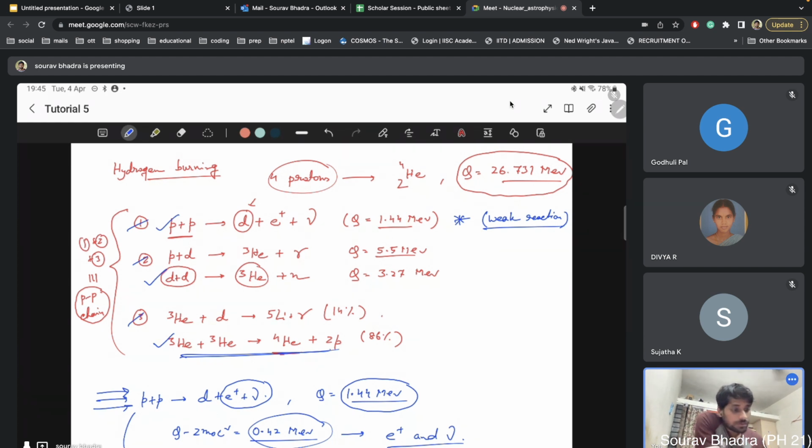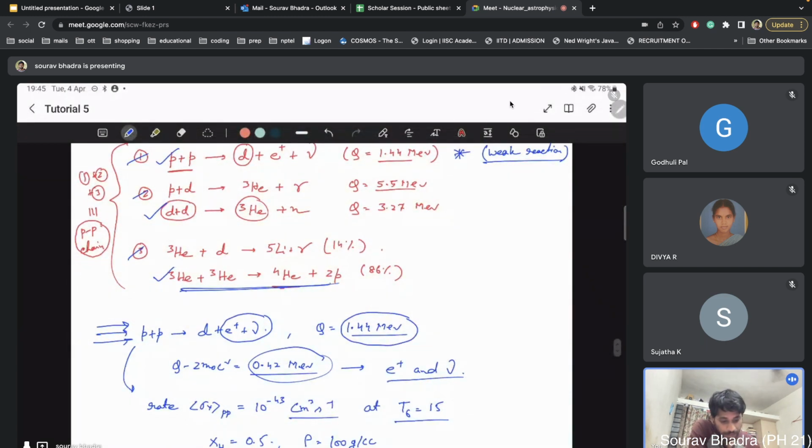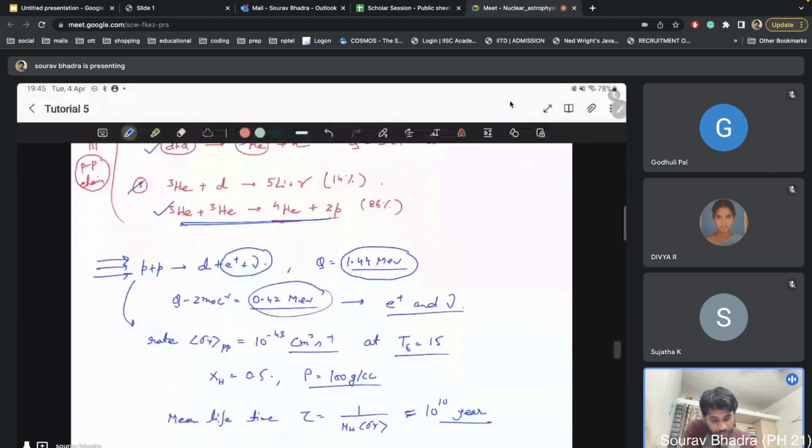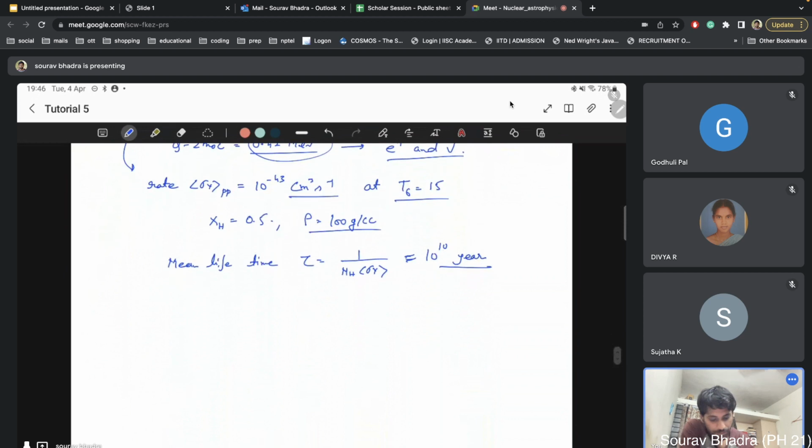Now what I will do is, that first step we have done, that proton-proton. Now we will consider the deuteron-deuteron reaction, or mainly the proton-deuteron reaction. These two reactions we will see: proton plus deuteron, which was the second step, gives 3He plus gamma, or deuteron plus deuteron can give 3He plus neutron.